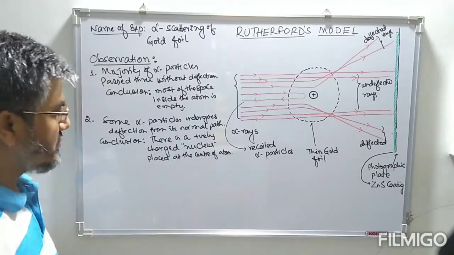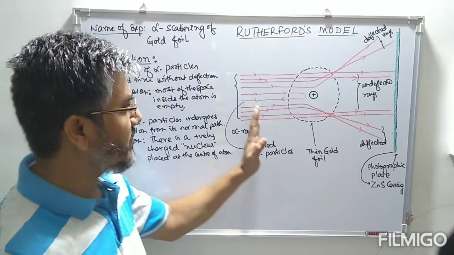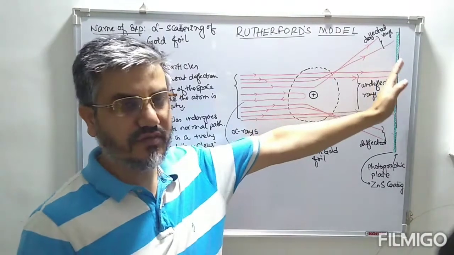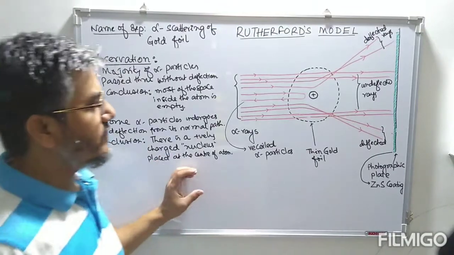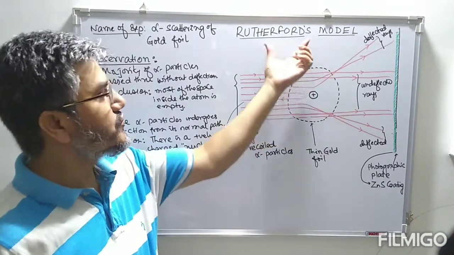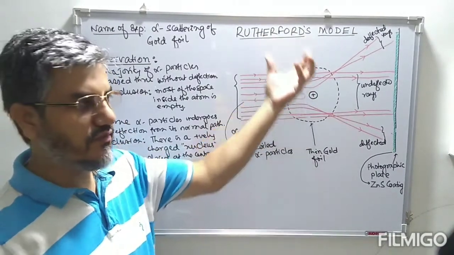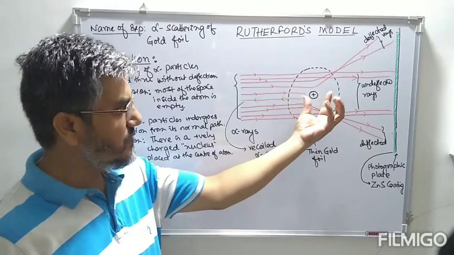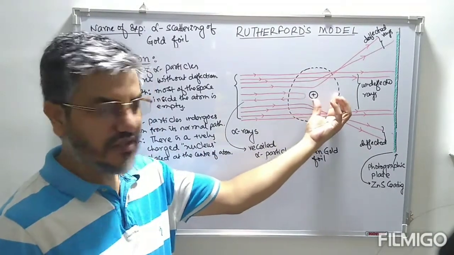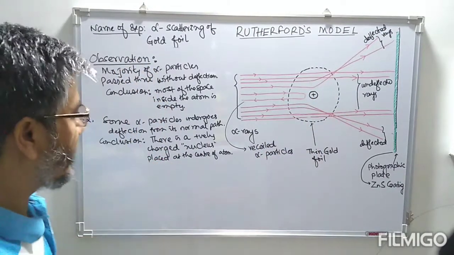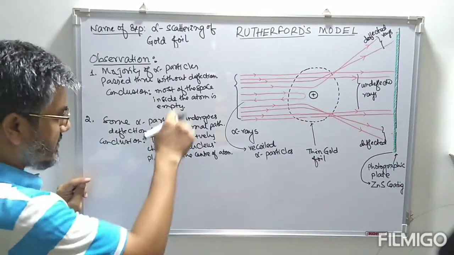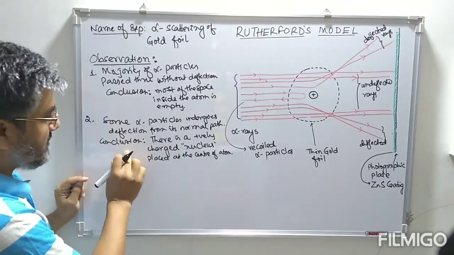Because of this positively charged nucleus, the alpha particles undergo deflection from their normal path. The credit for the discovery of the nucleus goes to Rutherford's model. Rutherford discovered the presence of a positively charged nucleus, placed exactly at the center of the atom. So this is the second observation and second conclusion.